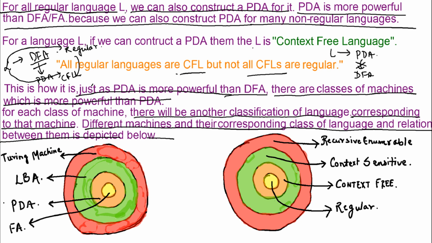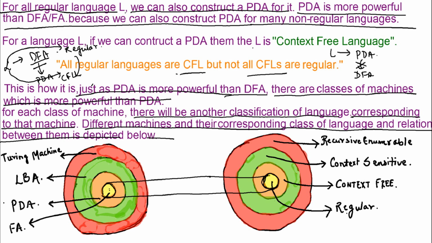So if you have a finite automaton, meaning if for a language you can give a finite automaton, then that set of languages is called regular language. This is the regular language region.